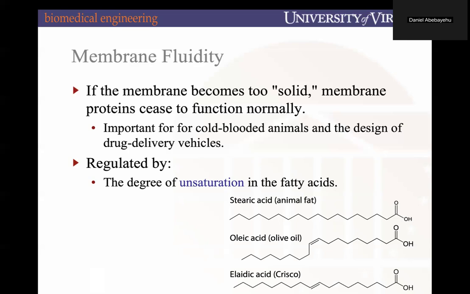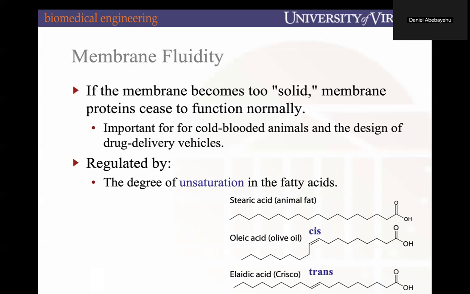And because of this double bond present here, there's a kink introduced. You might note that there is a double bond here, but there's no kink, and that's because of the nature of that double bond. The different double bonds that emerge can be either in cis or in trans. When we talk about cis and trans for these double bonds, that's meaning the arms of the double bond, what direction they're pointing in.